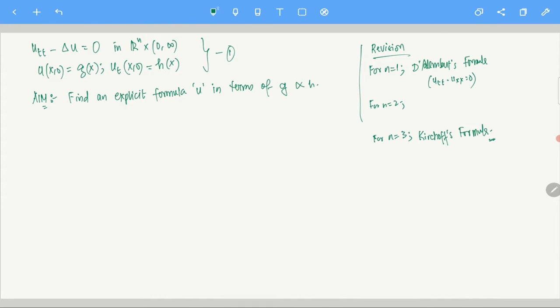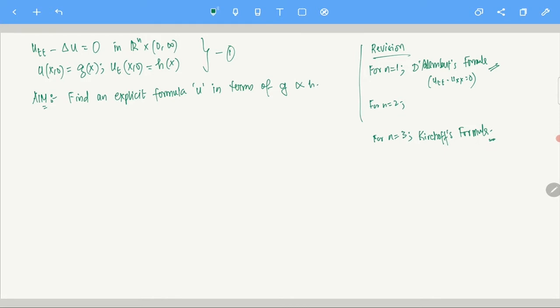So here's the deal. First of all, for n equals 1, we proved D'Alembert's formula, with the help of two different methods: the method of characteristics and the method of canonical form. Once you have D'Alembert's formula for n equals 1, you use that to construct a new equation, the Euler-Poisson-Darboux equation, and with that formulation we derived Kirchhoff's formula for n equals 3.